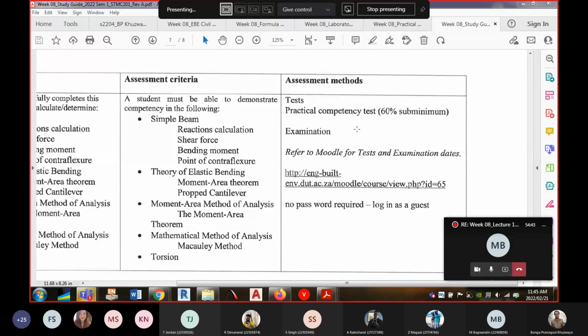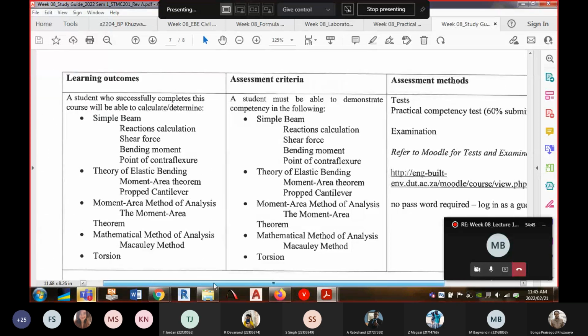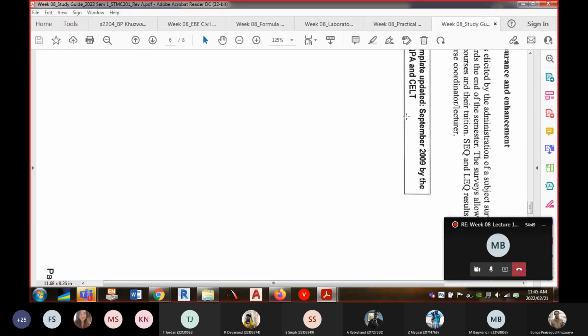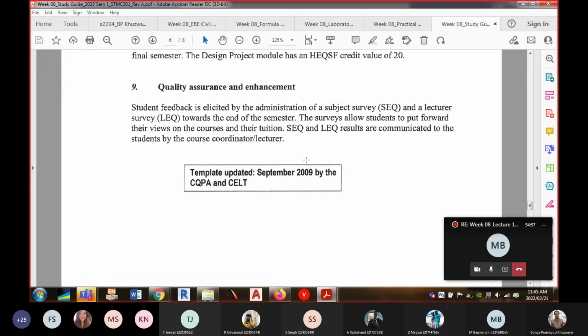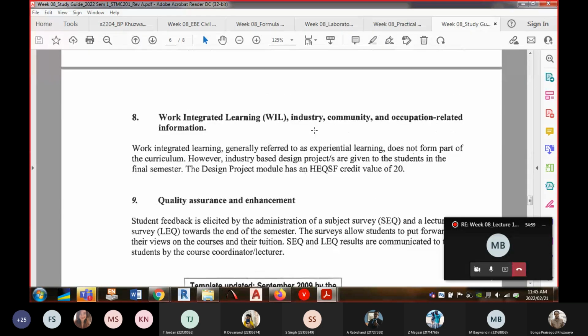Right, so what I'm going to do is go back slightly, because I'm not 100% sure when I got disconnected. So I said item 8 is no work integrated learning.